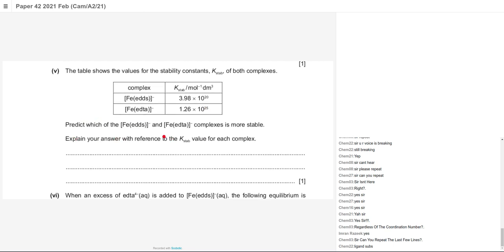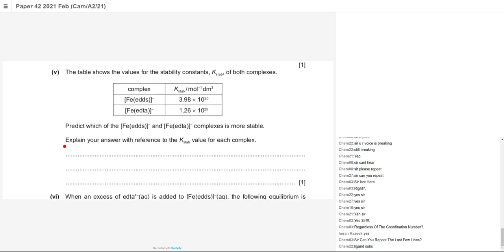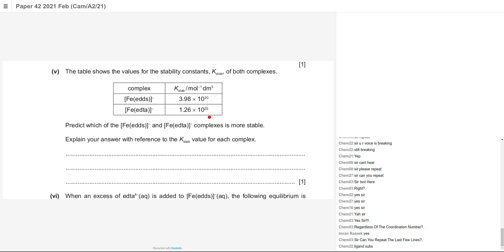Predict which of the EDDS and EDTA complexes is more stable. Explain your answer with reference to Kstab. The higher the Kstab, the greater the stability. You can see the EDTA complex has a greater Kstab, and when the Kstab is greater, stability will be greater.